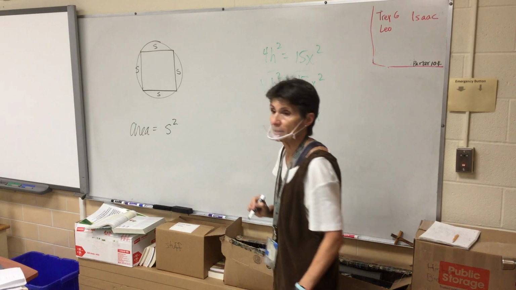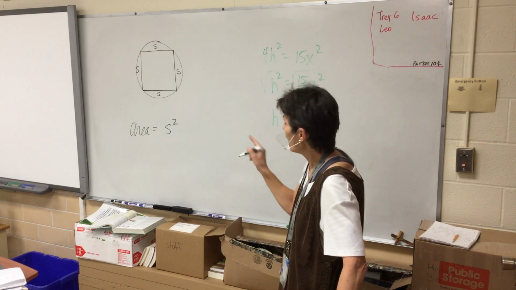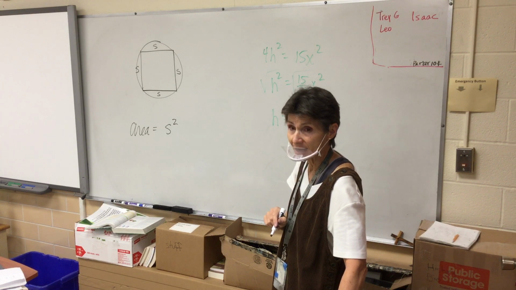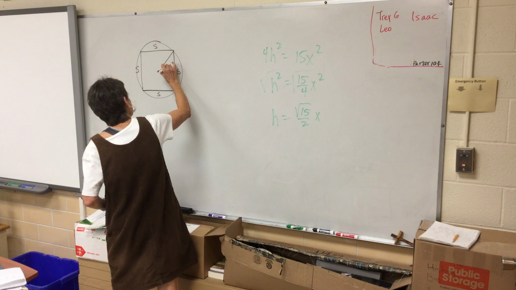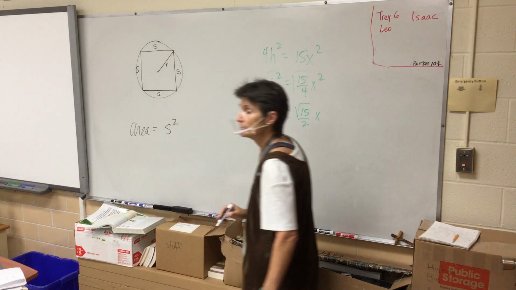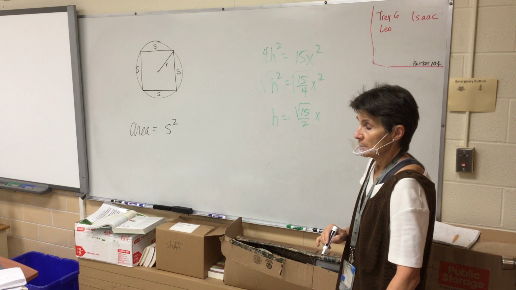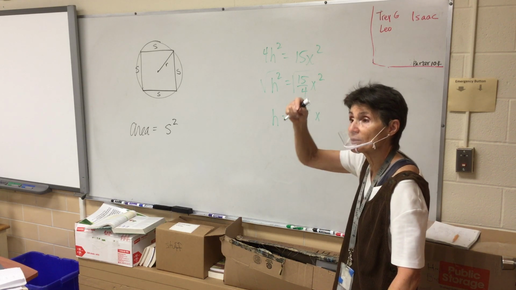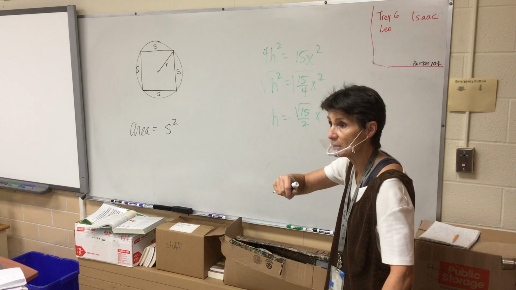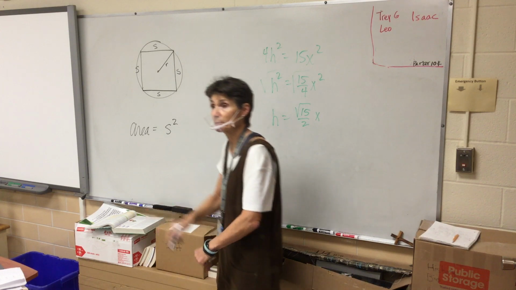That's a perfect formula. But the directions said we don't want it in terms of the side, we want it in terms of the radius. So now you have to do what we did over here. You have to come up with another equation that will allow you to substitute something in place of that s.